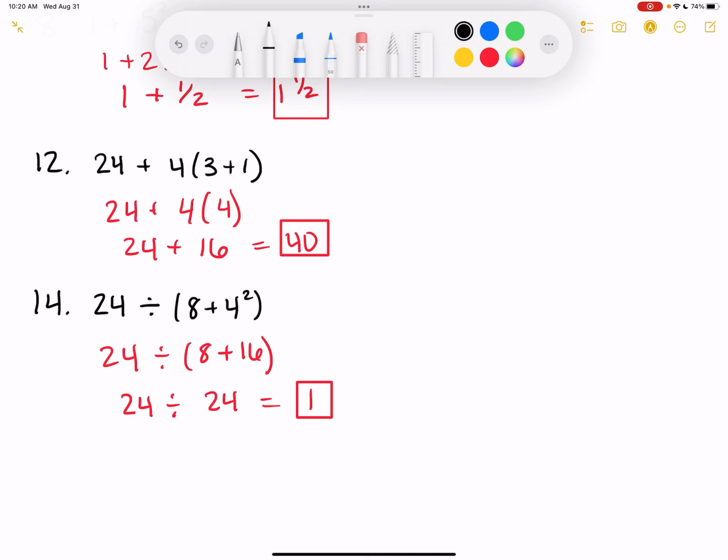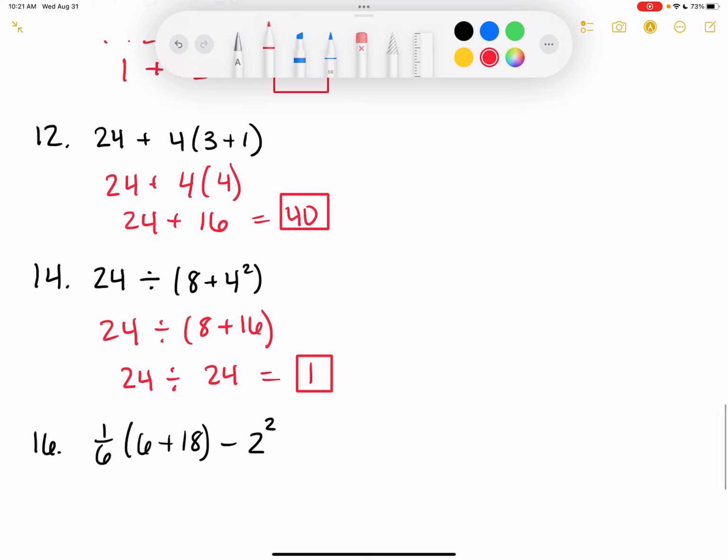Next one, they decided to throw some fractions in there. So number 16, we have 1/6 times 6 plus 18 in parentheses, and then minus 2 raised to the second power. So what do we do with this one?